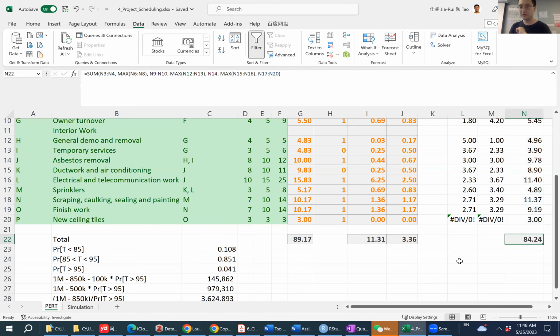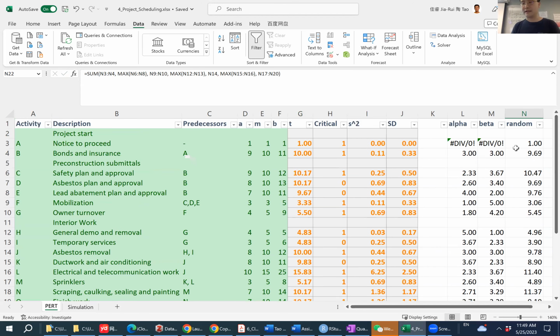All right. So in this simulation, I found that the total duration was 84.24 instead of the 89.17 using the PERT approximation. As you can see, they are somewhat similar, but there's still some difference between them.